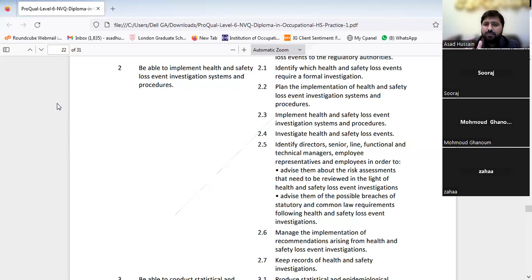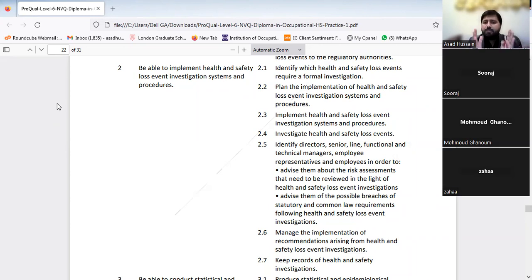And all of you know very well, there are interested parties and stakeholders in your organizations, both internally and externally. When it comes to internally, it is the director, senior, line manager, functional manager, employees' representative, and employees.